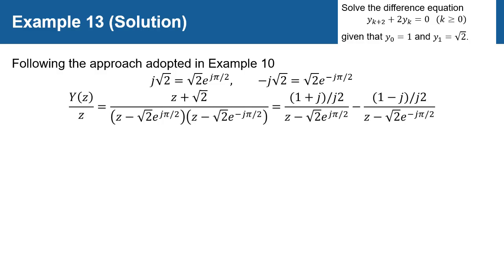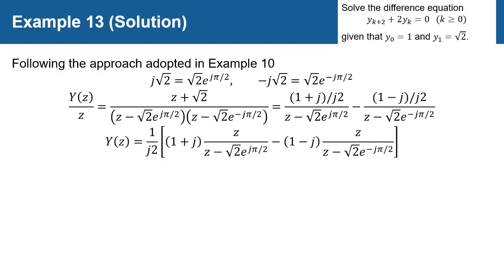We now have Y(z) over z equal to (z plus square root of 2) over (z minus square root of 2 e raised to j pi over 2)(z minus square root of 2 e raised to negative j pi over 2), which is equal to (1 plus j over j2) divided by (z minus square root of 2 e raised to j pi over 2) minus (1 minus j over j2) over (z minus square root of 2 e raised to negative j pi over 2).